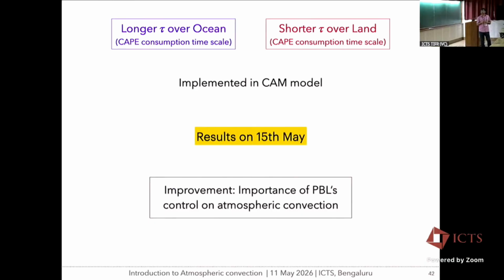And we did see some improvements. Again, I will talk about those later in my talk. But those improvements indicate the importance of the boundary layer's representation in climate models, or in general of understanding the boundary layer's role in deciding how atmospheric convection grows.